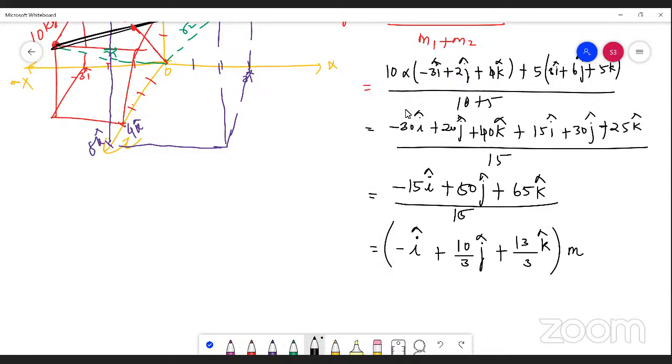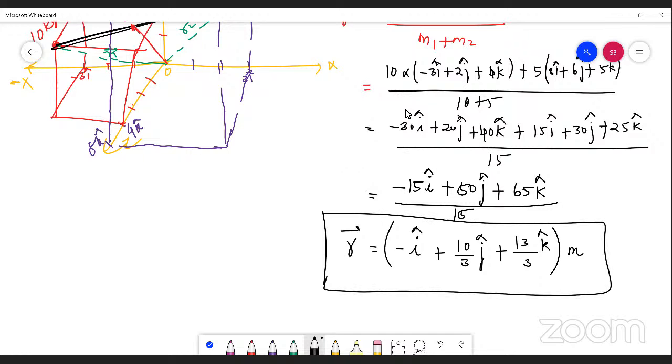This is the position of center of mass of the 2 point masses which are located at the positions r1 vector and r2 vector respectively. So the center of mass is located at the position R vector. Very simple idea, but you should understand how the masses are present. That is important.